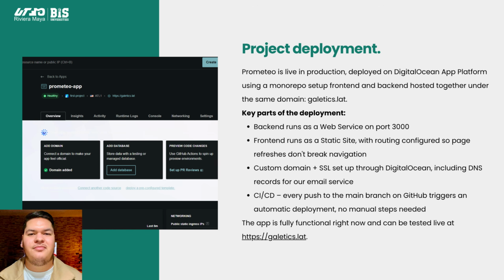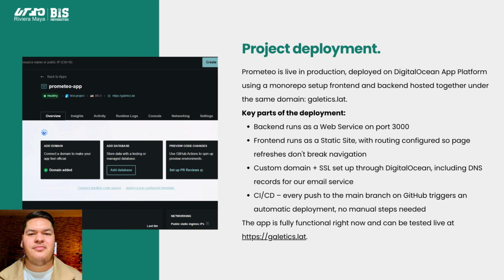Well, the next slide is project deployment. Prometeo is deployed in production using the DigitalOcean App Platform with a monorepo approach, where the frontend and backend live under the same infrastructure and domain, galetis.lat. The backend runs as a web service on port 3000.